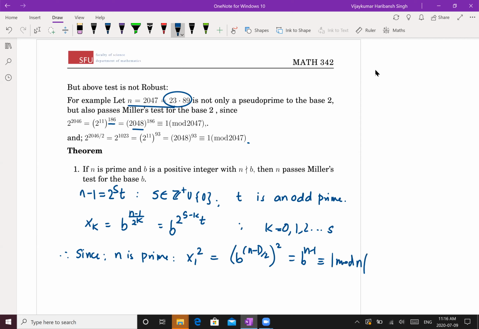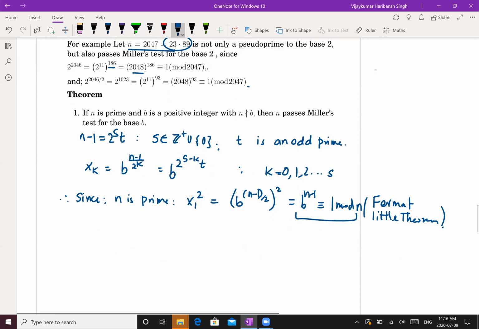This last part is because of Fermat's little theorem. Sorry, not last theorem, Fermat's little theorem. Last theorem is kind of out of our league at the moment.